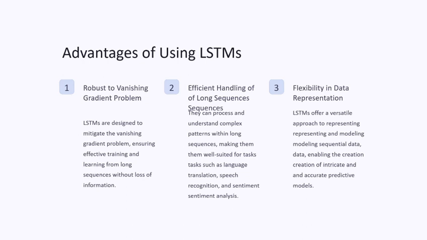Second advantage is efficient handling of long sequences. They can process and understand complex patterns in long sequences, making them well suited for tasks such as language translation, speech recognition, and sentiment analysis.